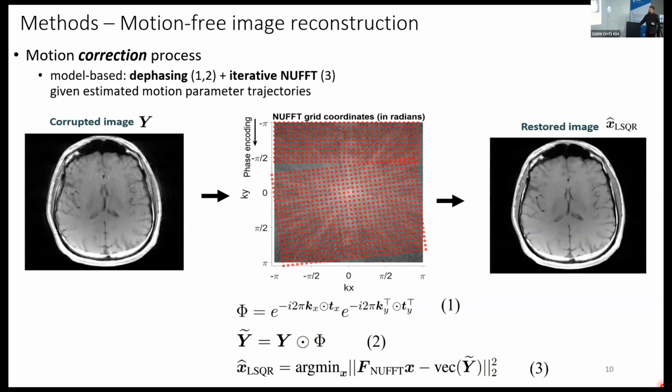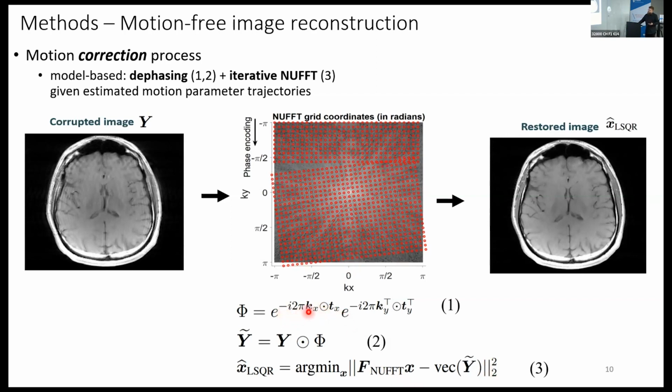I like to think about it in a reversed way: as if the patient was not moving, was staying still in the scanner, but the scanner was sampling the wrong basis vectors, the distorted Fourier basis vectors, as opposed to what happens in reality, where the patient is, of course, moving and the scanner is sampling the regular basis vectors. So the idea is that we distort the basis vectors according to the motion trajectory.